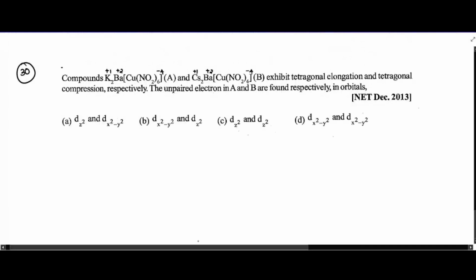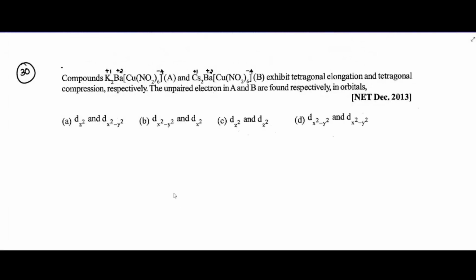What is the oxidation state of copper in both of these states? Are you getting +2 in both of these cases?